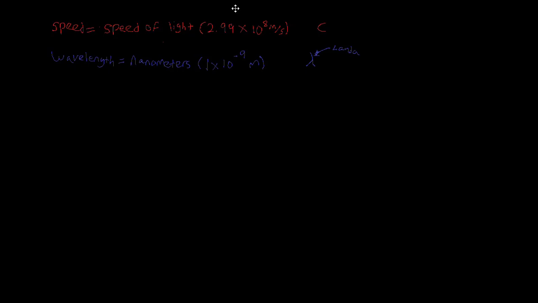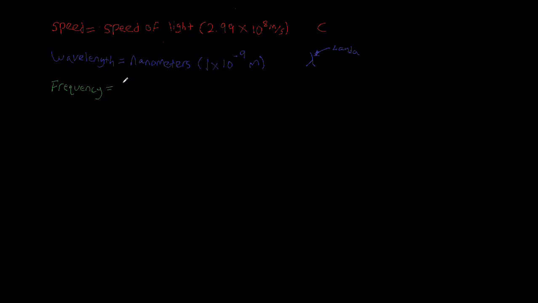And then finally, the third term that we had was frequency. Frequency, again, was the number of peaks that pass by a particular point over a given period of time.